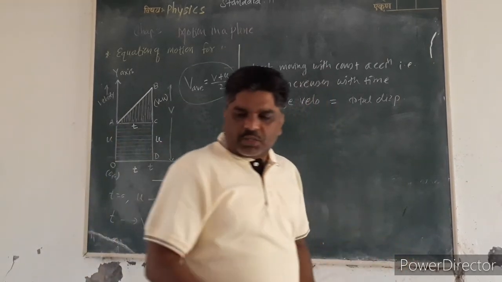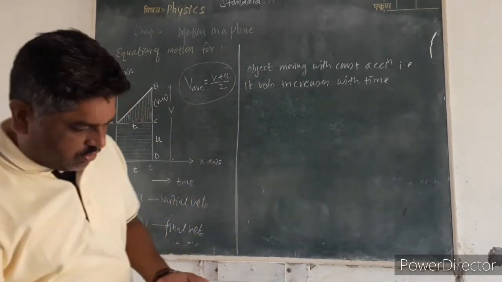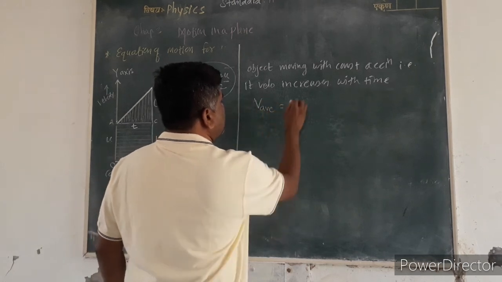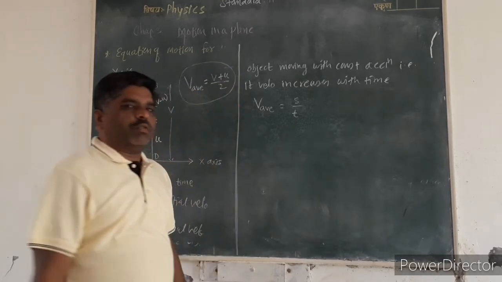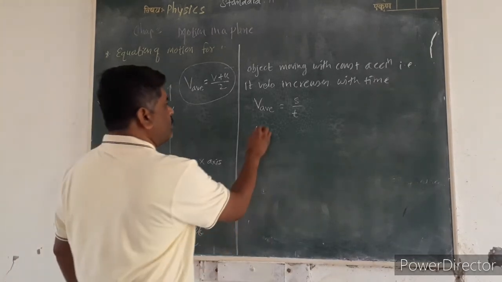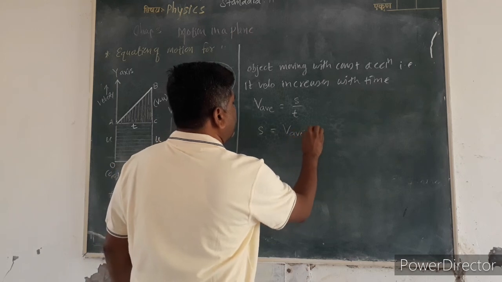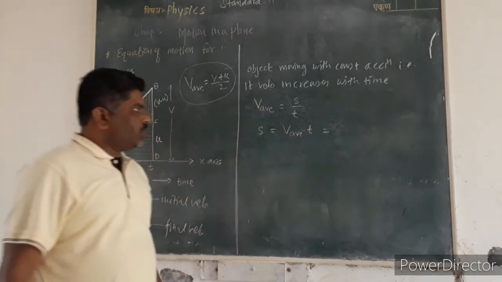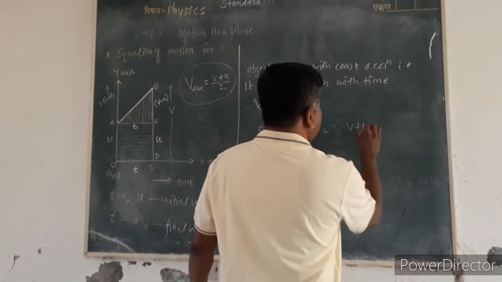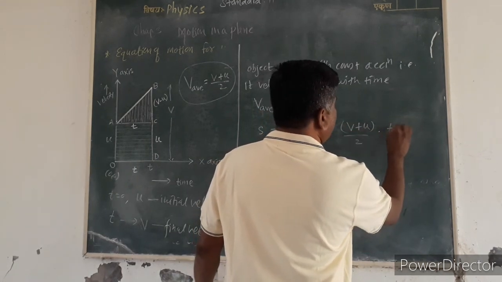This average velocity is nothing but total displacement. V average is equal to displacement upon time. Suppose S is displacement, therefore S is equal to v average into t, that is v plus u upon 2 into t.